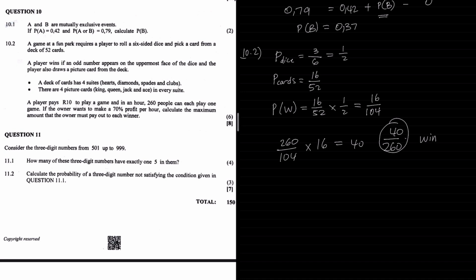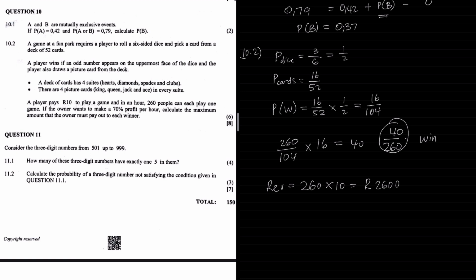So if 260 people are paying 10 Rand each, that means the total revenue for the person running this game is going to be 260 times 10, because it's 10 Rand per game. So that's 2,600 Rand. Okay, so 2,600 Rand is the amount that that person would get.